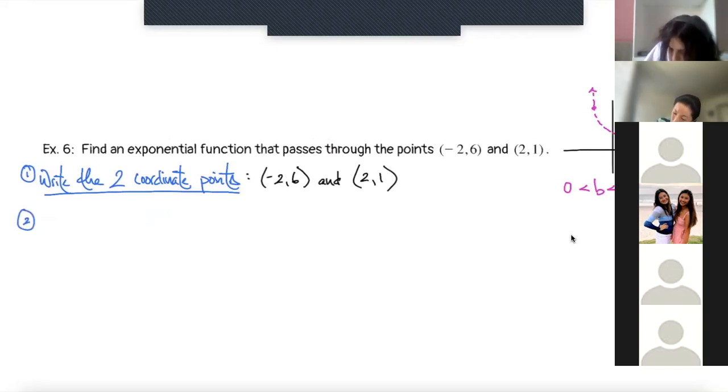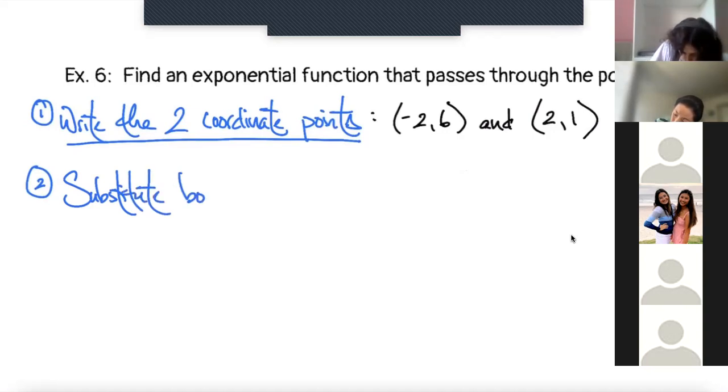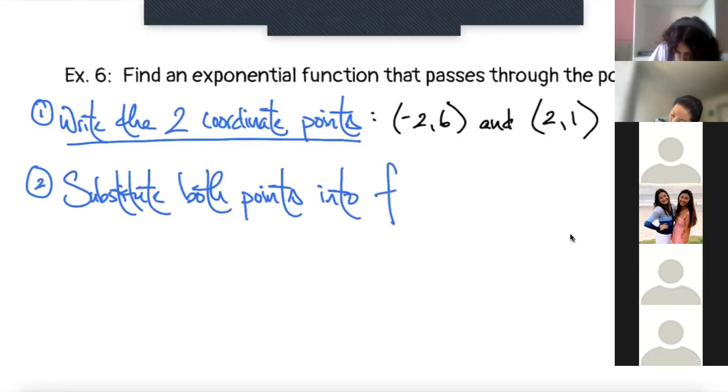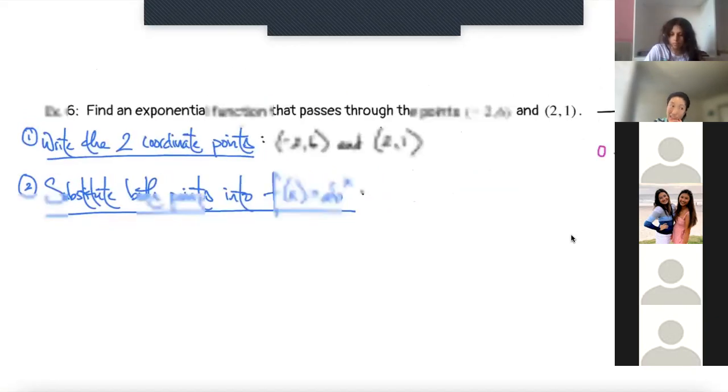Then what we're going to do is this. We're going to substitute both points into f of x equals ab to the x. Here's what I mean by that.